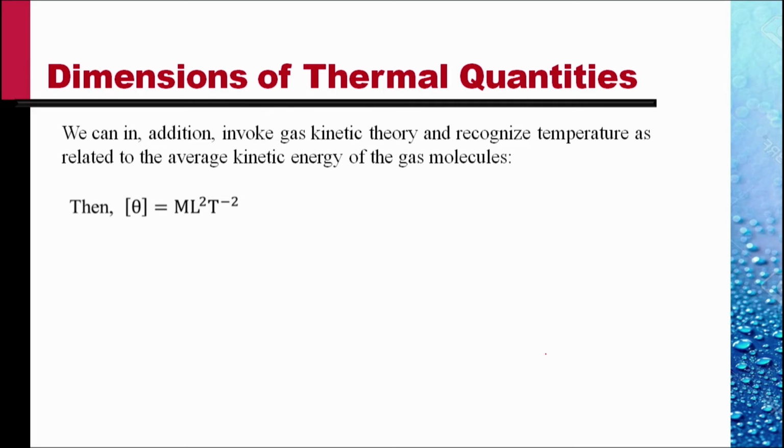and invoke in addition the gas kinetic theory and recognize temperature as related to the average kinetic energy of gas molecules. So, temperature is now a derived quantity with the dimensions of energy, kinetic energy of gas molecules, and the dimension of energy in the MLT system are M L square T minus 2.